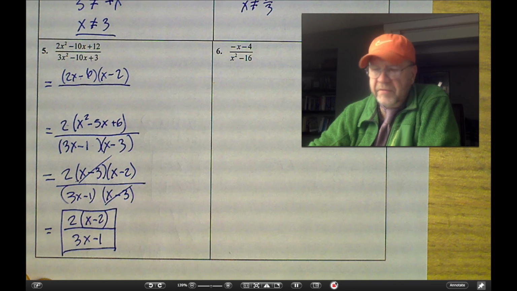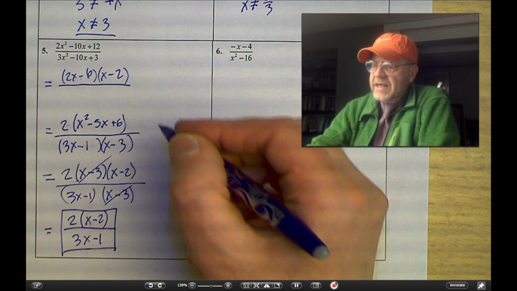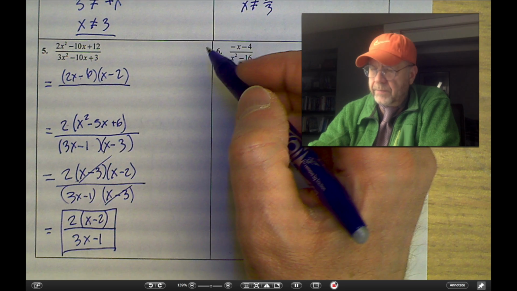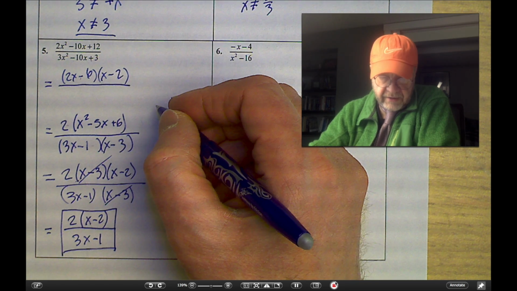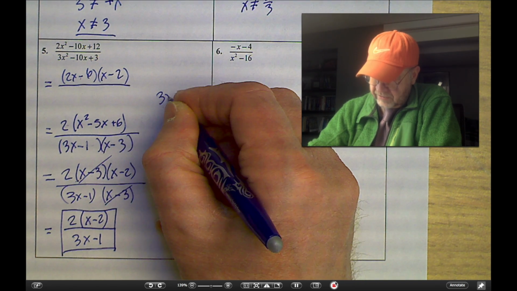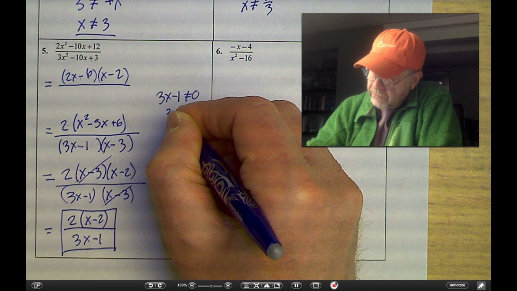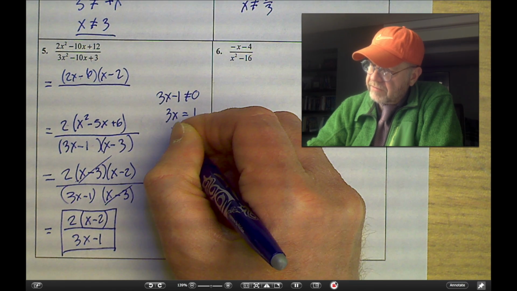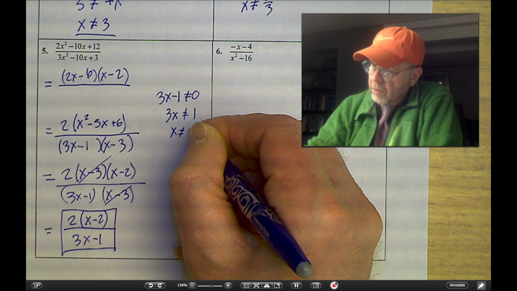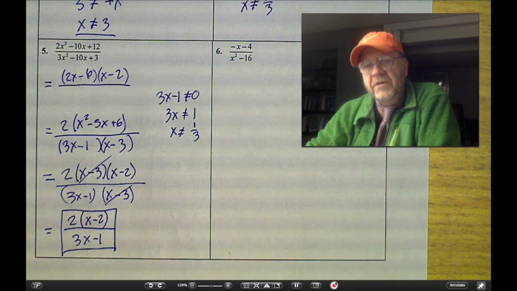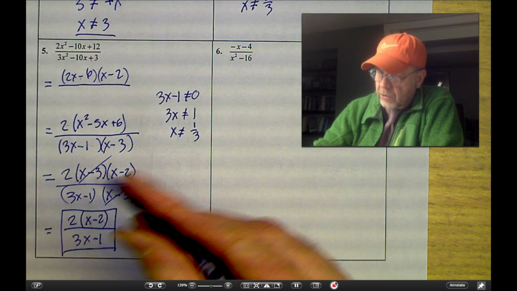What are my non-permissible values? Now, you don't have to go through that belabored process of going something like 3x minus 1 cannot equal 0, therefore 3x may not equal 1, which means x may not equal 1/3. You don't always have to do that. It's good for you to help organize.